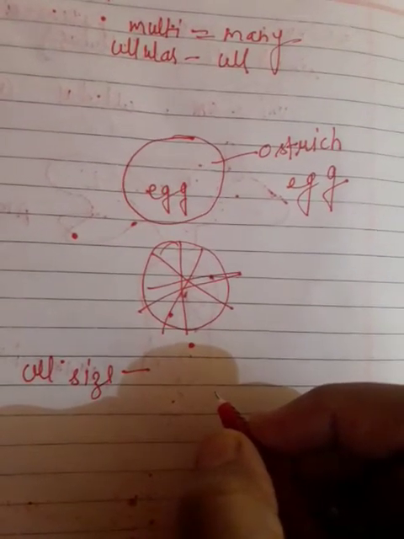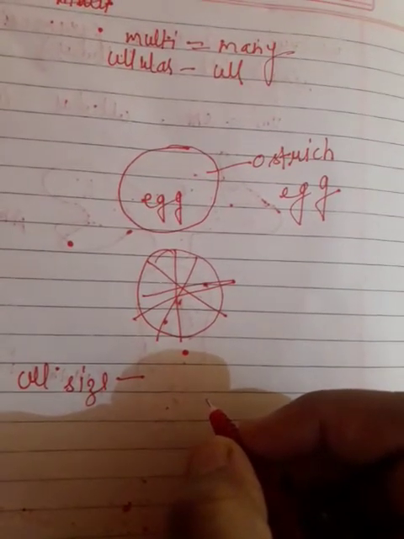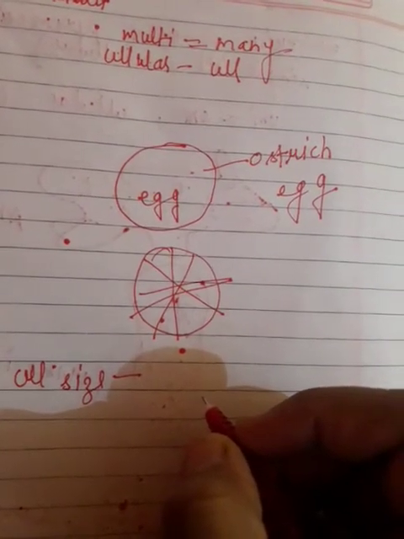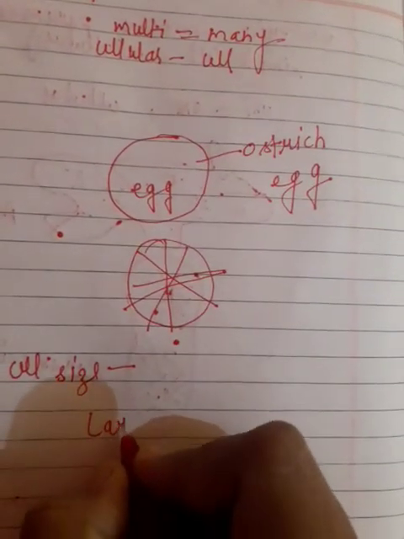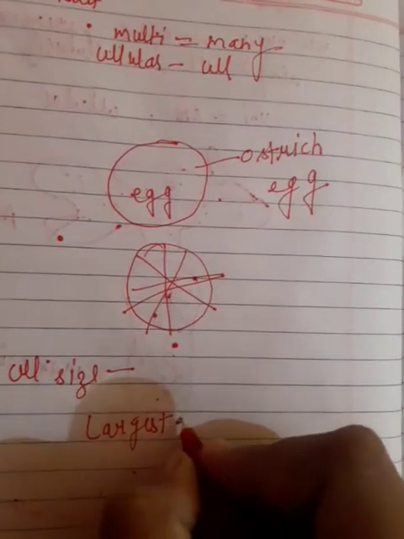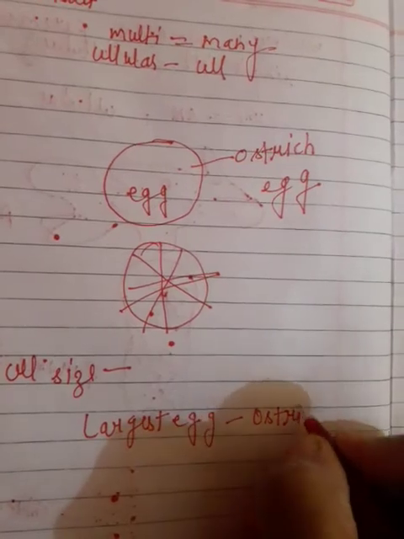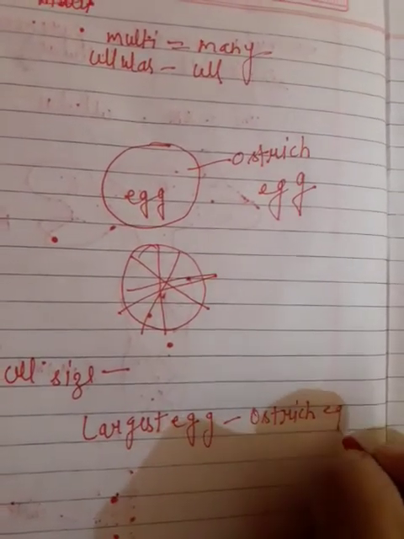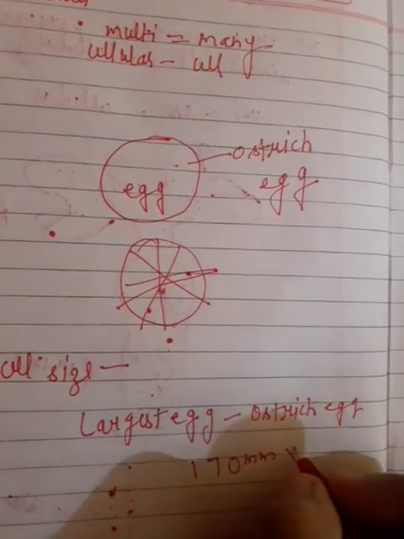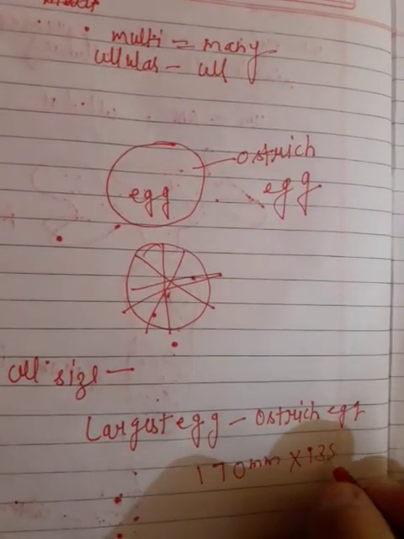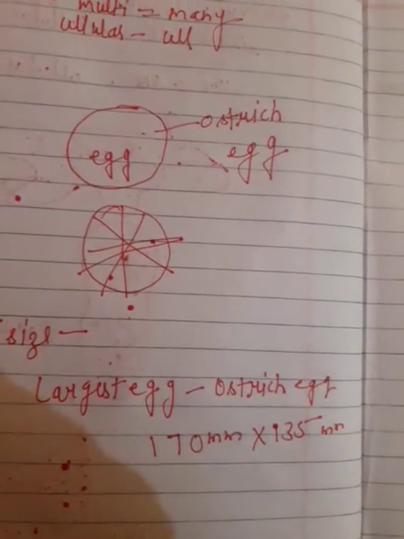The largest cell is that of an ostrich egg, measuring as big as 170 mm by 135 mm.